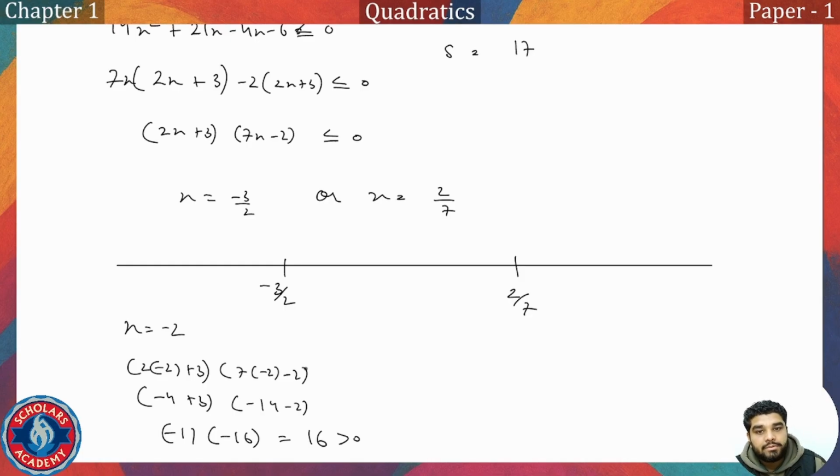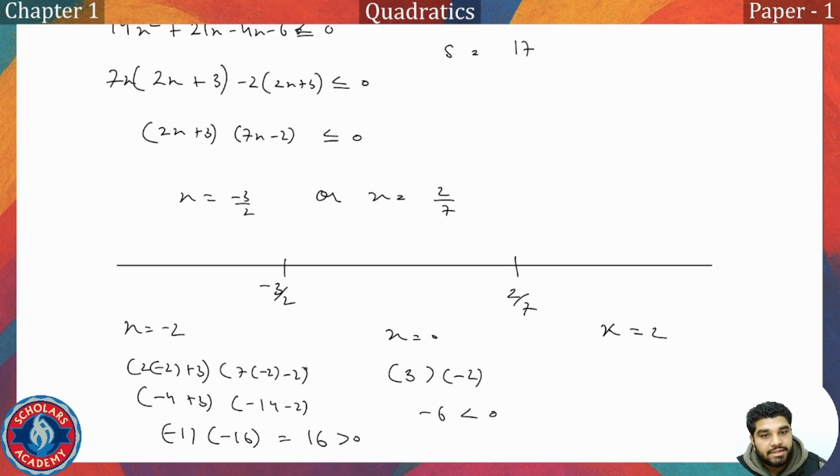Second interval, when we take x is equal to 0. If I substitute that, I get 3 times -2, that is -6, less than 0, correct? We'll choose this. Third interval, when we take x is equal to 2.